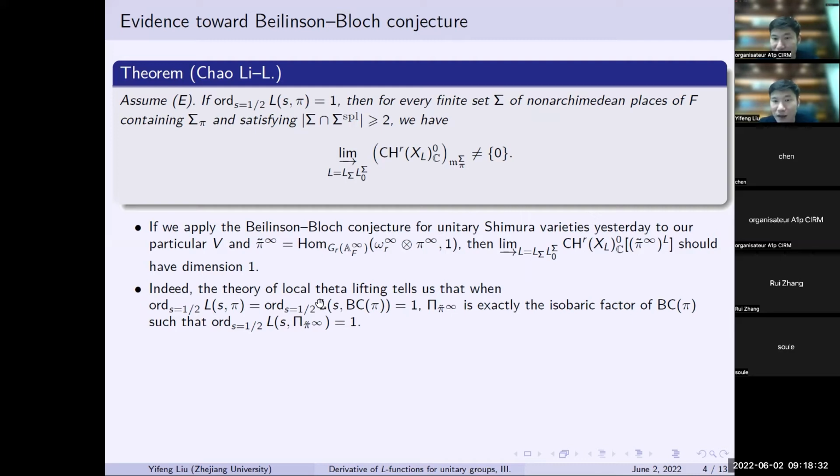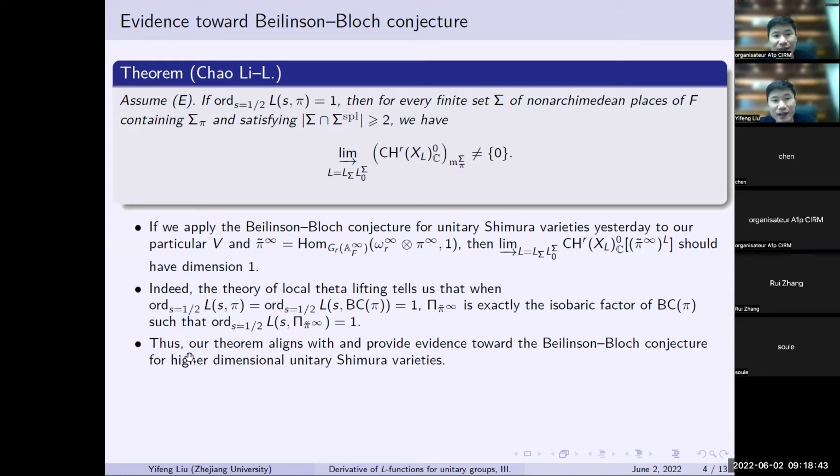Okay. So in particular, we do have the first expectation from the Beilinson-Bloch conjecture for unitary Shimura varieties. And yes, thus our theorem aligns with and provides evidence toward the Beilinson-Bloch conjecture for higher dimensional unitary Shimura varieties.